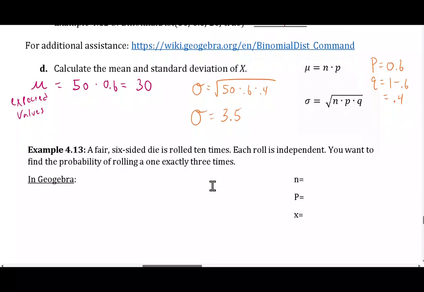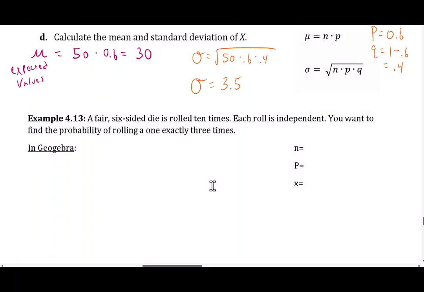All right, last question, last example for this video at least. A fair 6-sided die is rolled 10 times. Each roll is independent because an outcome on one die roll does not affect the outcome on a second die roll. If we stopped here, this would not be binomial because we have 6 outcomes on a 6-sided die.